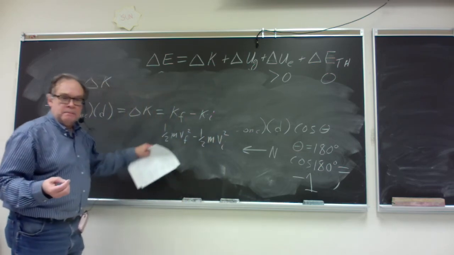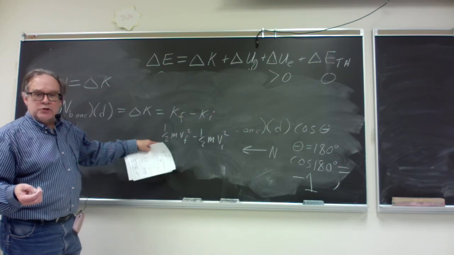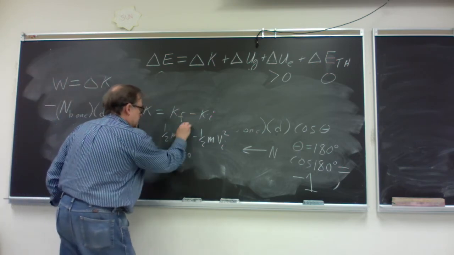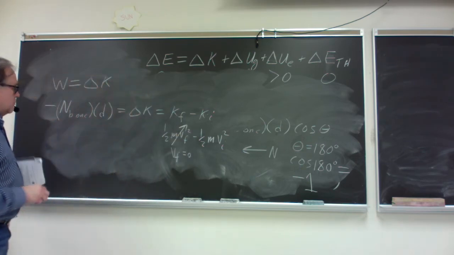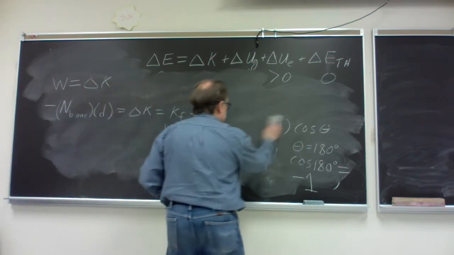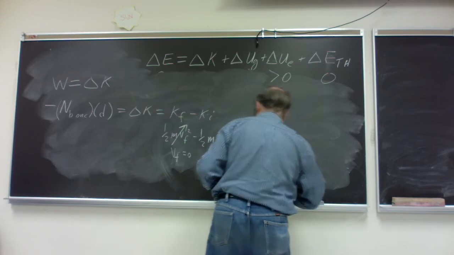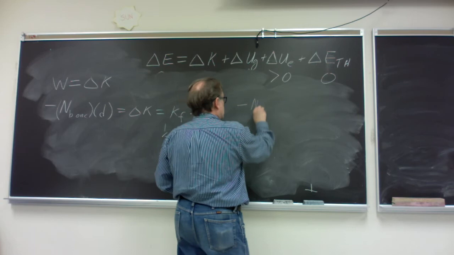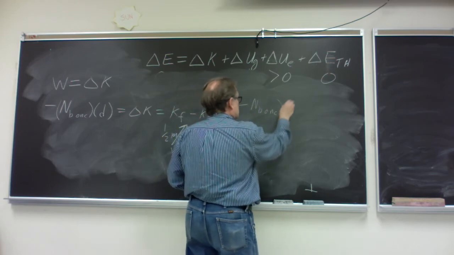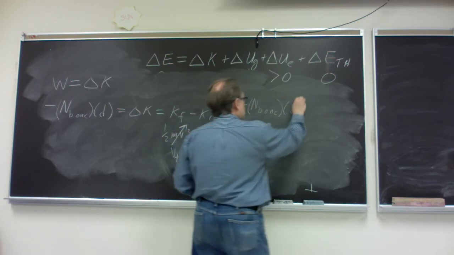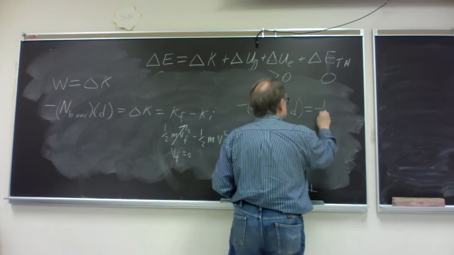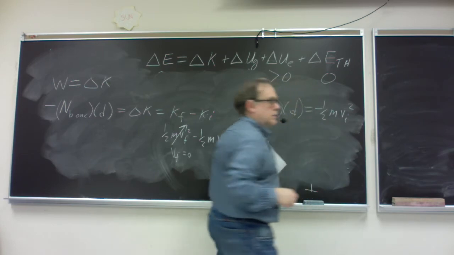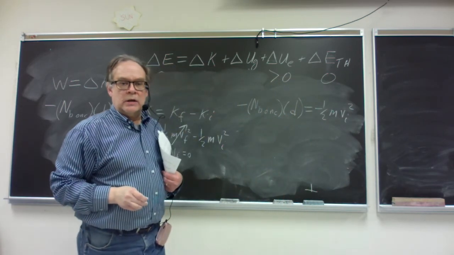But of course, in the end, the car is brought to a stop, so the final velocity is 0. So that term is 0. So all we're left with is this, minus force times distance, stopping distance, equals minus 1/2 mass initial velocity squared, or minus the initial kinetic energy.